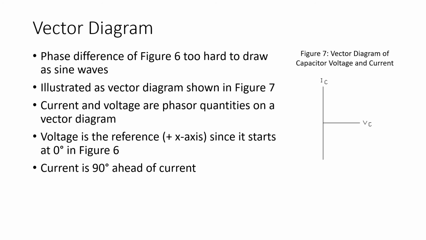So we find that the opposition to current in a capacitor decreases as the rate of change increases, or as the frequency increases.